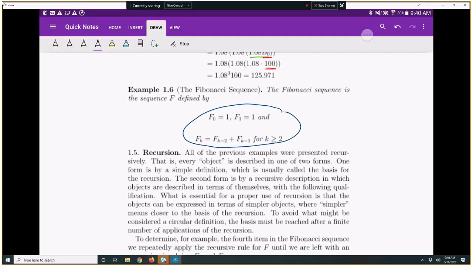So as in the previous one, if I wanted to find f sub 3, then I could just say, well, that's f sub 1 plus f sub 2. And f sub 2 I know is f sub 0 plus f sub 1. And these numbers I'm given, so that's 1 plus 1 plus 1, that's 3.